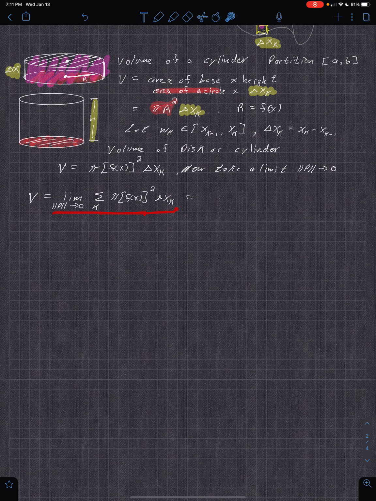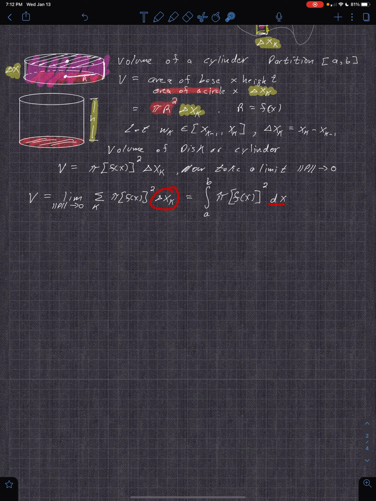So if this limit exists, then we know how to integrate it exactly. We integrate it exactly with the definite integral from a to b of pi f of x squared dx. So once you do the limit, as you know, right? I know it was the last thing we were doing in Calc 1, or you were doing.